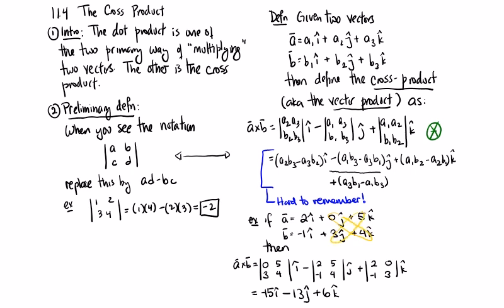That's the i component. When we do the j component, we do this times this minus this times this. And for the k component, we do this one times this one minus this one times this one. So as long as you remember that, then you don't need to write this intermediate step. But by all means, write however much you need to write for it to make sense.